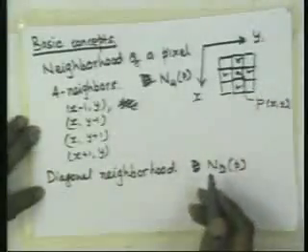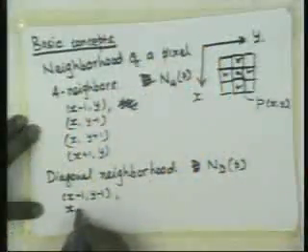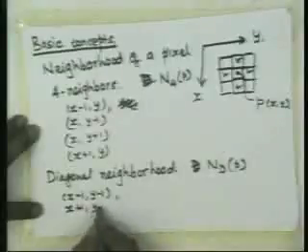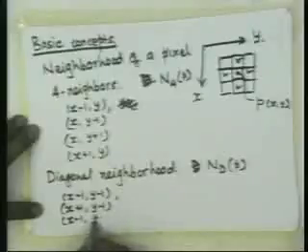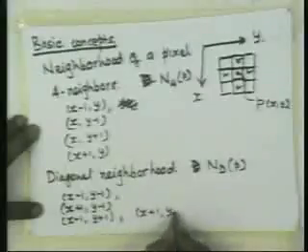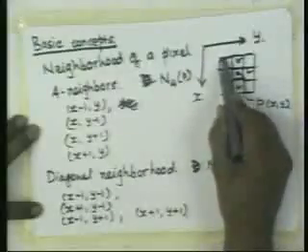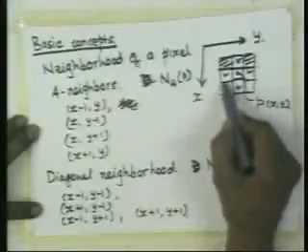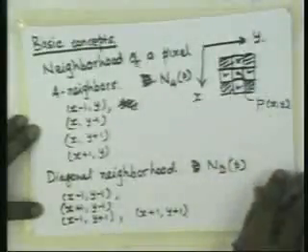So the diagonal neighborhood is given by x minus 1, y minus 1; x plus 1, y minus 1; x minus 1, y plus 1; and x plus 1, y plus 1. These are the 4 diagonal neighbor elements or pixels.